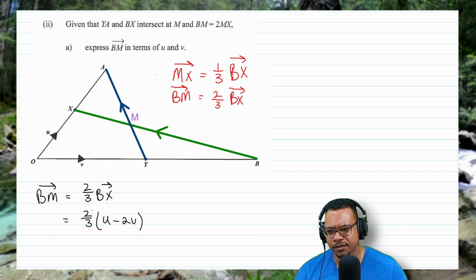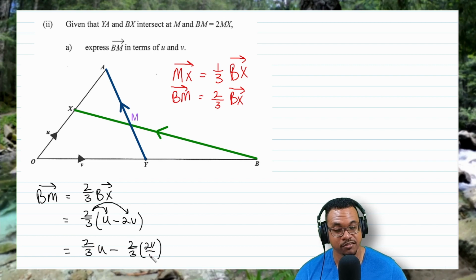All right, so if we expand, we could multiply 2/3 by u, and that'll just be 2/3 u. I multiply 2/3 by the negative 2v, and that'll be negative 2/3 multiplied by 2v over 1. So this remains the same, and this will just be 2 by 2v, which will give you 4v.